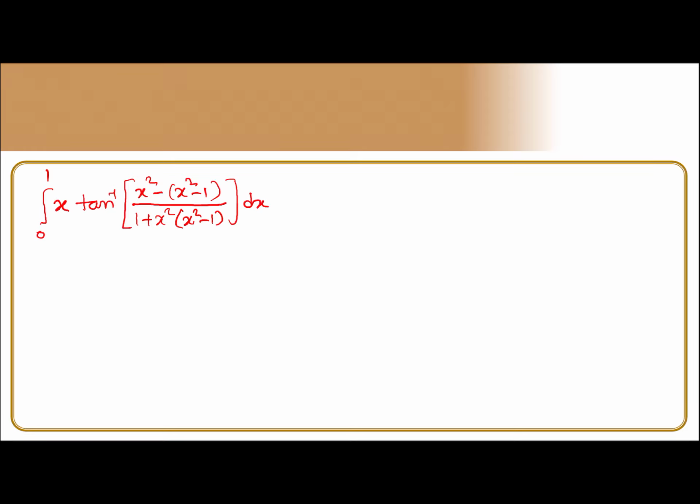So tan inverse of a minus b by 1 plus ab. So this becomes integral 0 to 1, x into tan inverse x square minus tan inverse x square minus 1, dx.